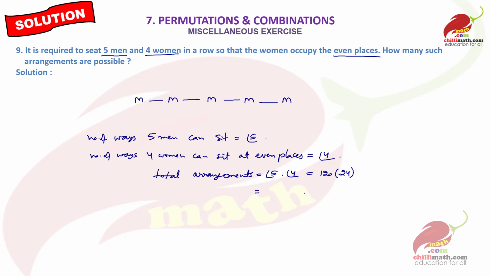So we can calculate this. 24 times 120 is 2880. 2880 is your answer.